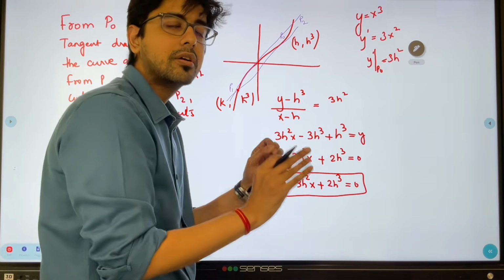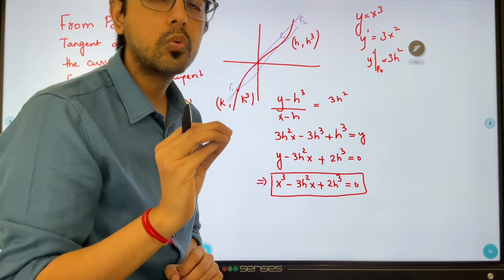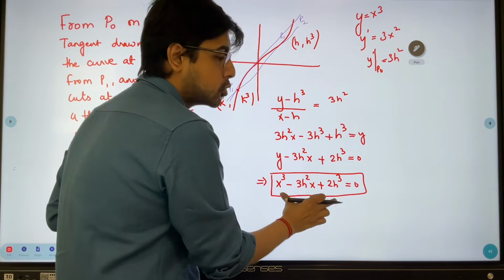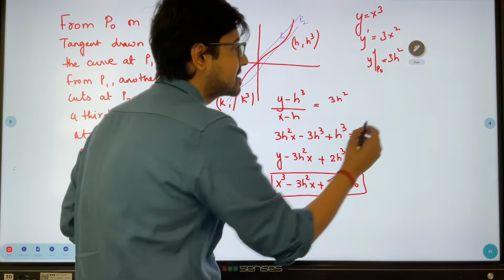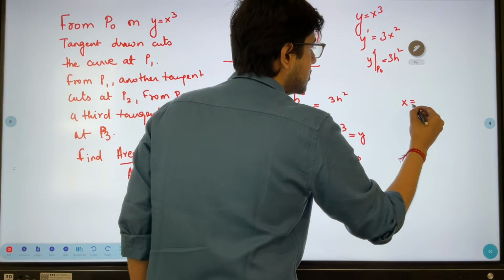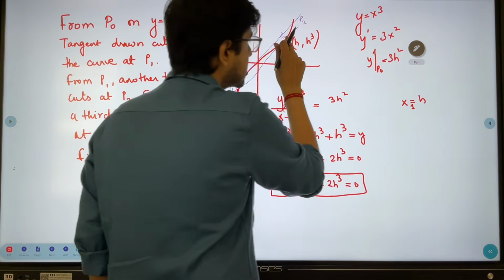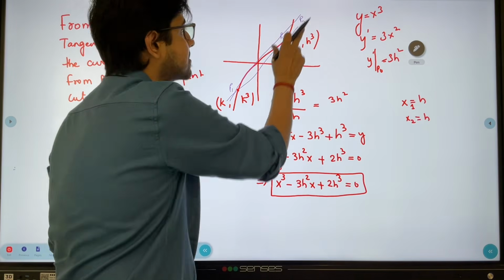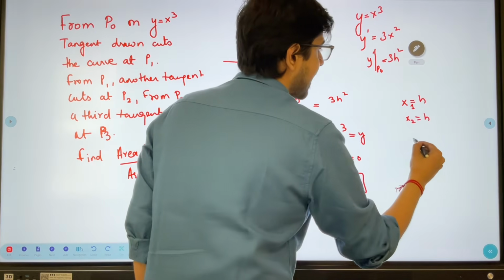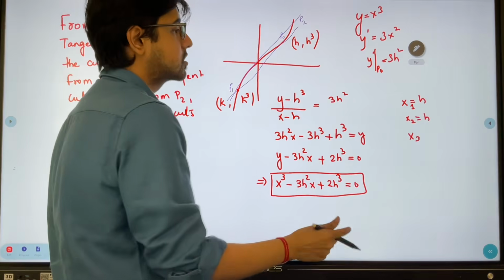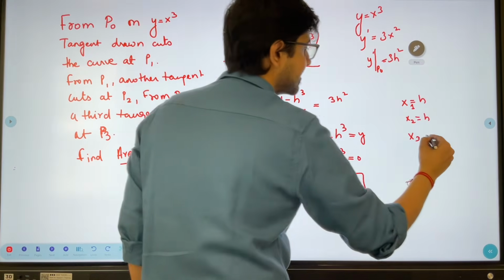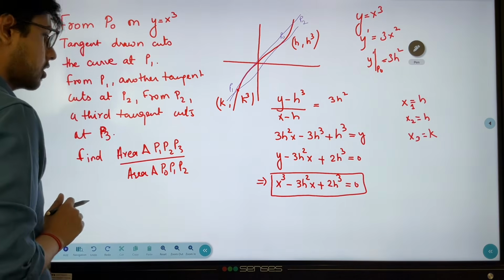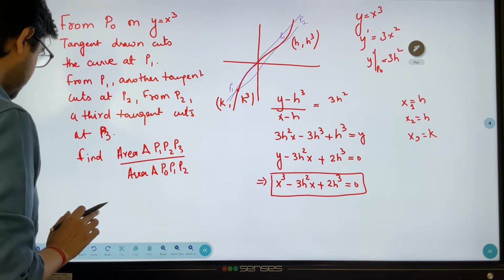We have learned that if a line is a tangent to a curve, it has the same solution twice, hence 2 solutions. So this will have 3 solutions. The first solution of this is h. The second solution of this is also h because this is a tangent. And the third solution, when we find, we will get this equal to k. Let's solve this.